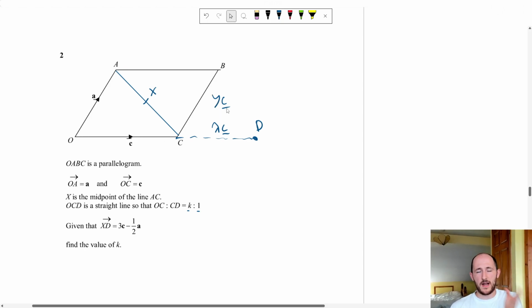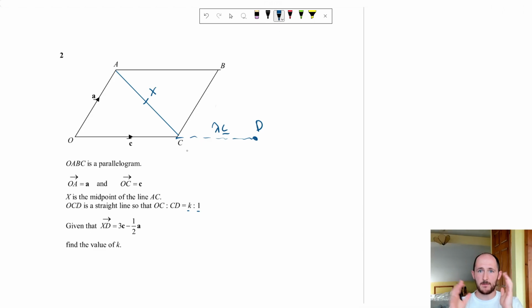So when I write y c, some people think that I mean point Y, and they say, well, where's Y? Whereas if I use lambda, it makes a bit more sense. But again, it's just a letter. It represents a number that I don't know. I could write it in an Arabic letter if I wanted to. I could write a Greek letter. I could write any letter I want. It doesn't really make a difference.